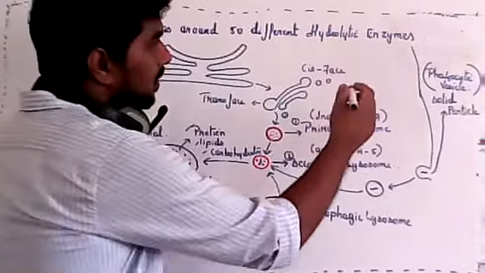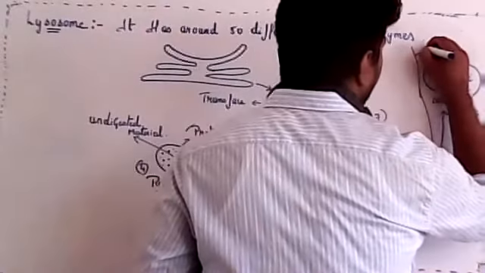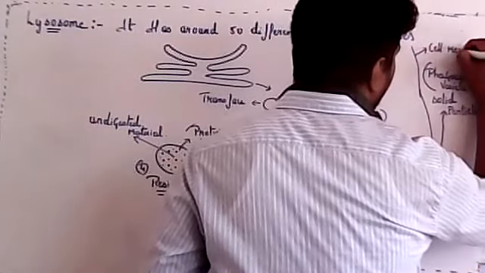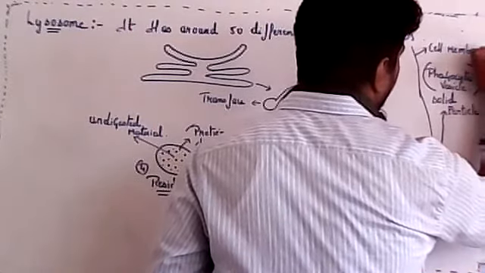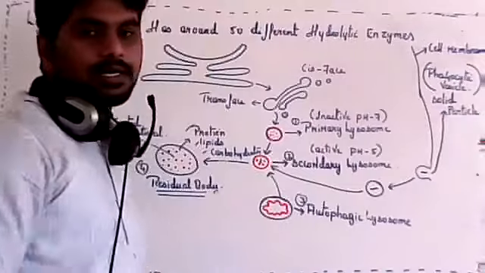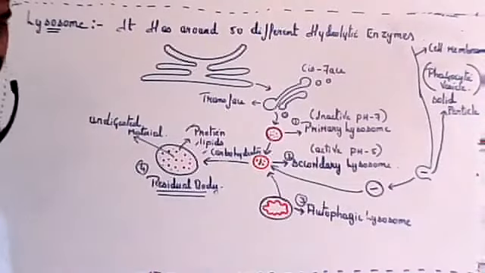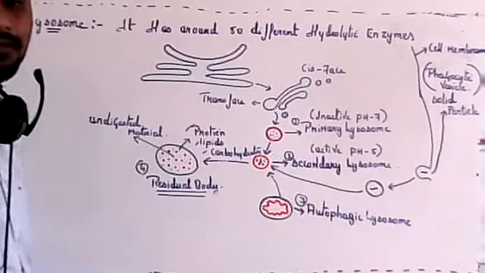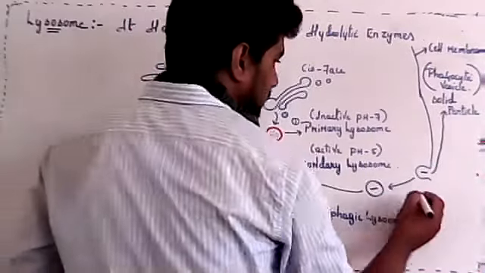This is called the cell membrane or plasma membrane. The outer layer is called the cell membrane, and when a solid particle is taken in, that is called a phagocytic vesicle.